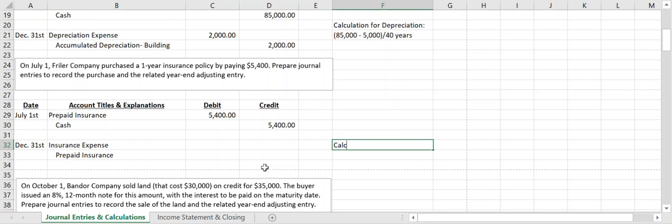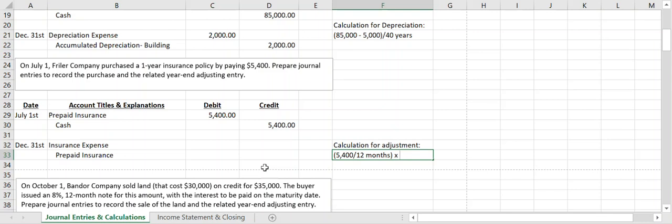So our calculation for our adjustment here, we paid in total $5,400 for 12 months of insurance coverage. And when you're doing adjusting entries, please make sure to pay attention to dates. We purchased that insurance policy on July 1st.